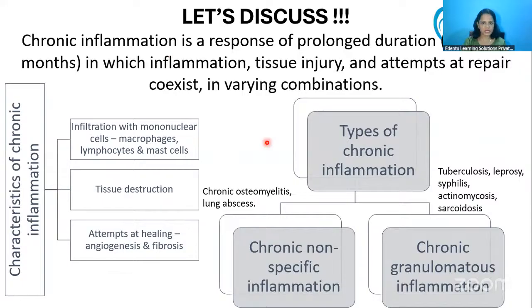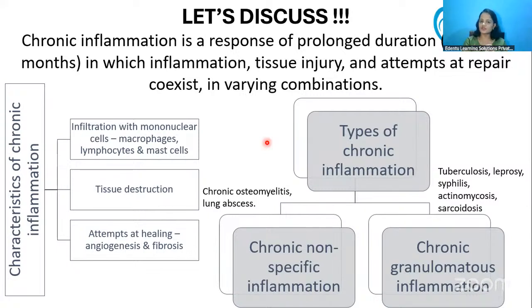So chronic inflammation, like I had already mentioned, is an inflammation or a response of prolonged duration. It can be there for weeks or months. And you will be able to see three types of characteristic features in chronic inflammation.